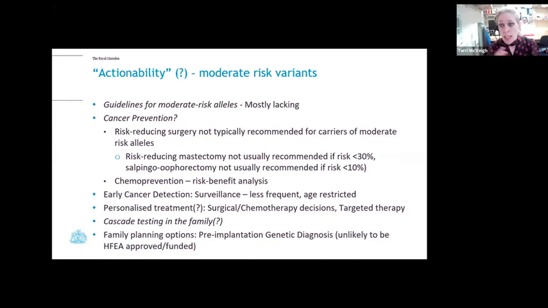For example, ATM is associated with another disorder called ataxia-telangiectasia, which is a horrible neurologic disorder that occurs in kids that inherit 2 copies of an ATM variant. So there's a bit of greyness around that. And there's ongoing discussions between the UK Fetal Genetics Group and the UK Cancer Genetics Group to come up with an agreement about what level of risk would justify doing pre-implantation or prenatal testing. And again, that's not an easy question to answer.